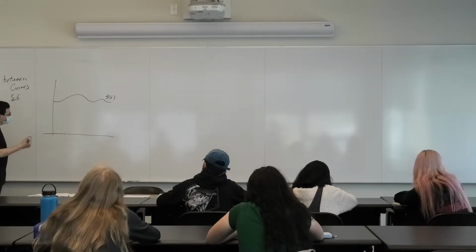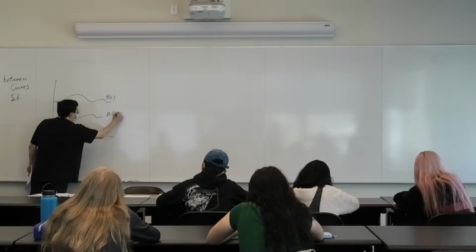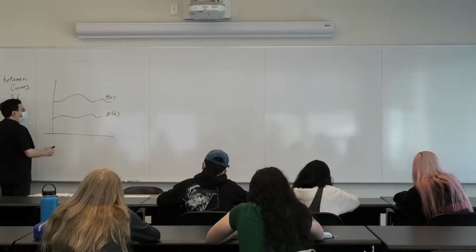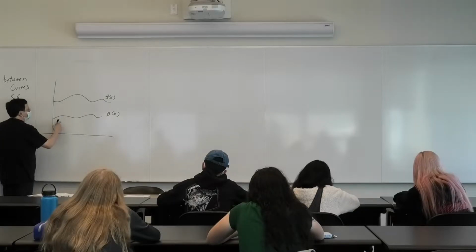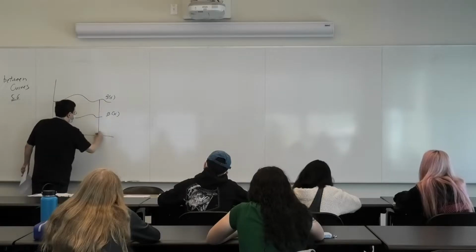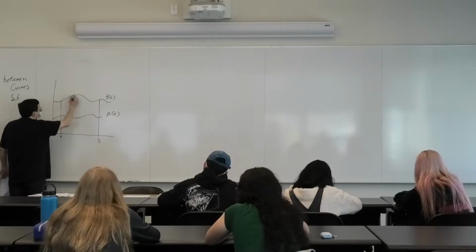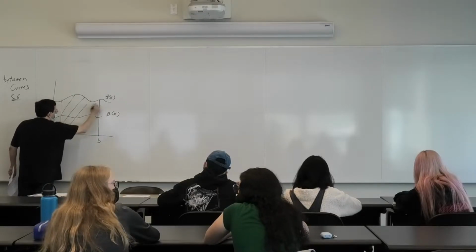And if there were another function, some g of x, and we wanted to find the area between these curves, it should be kind of obvious. Between, let's say, points A and B. Well, f of x is all this area.